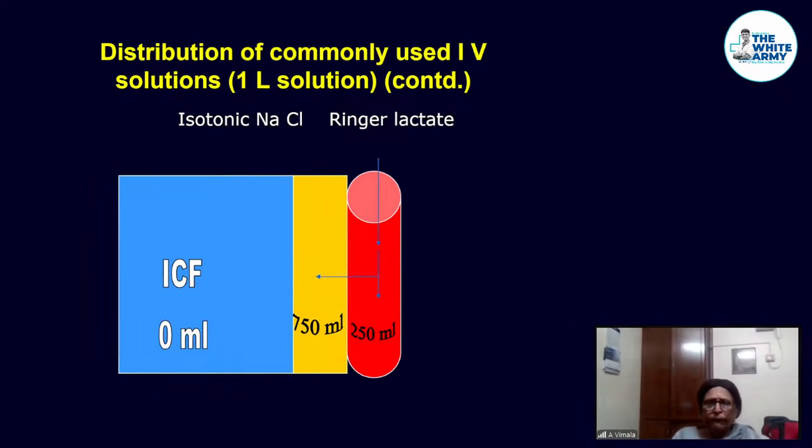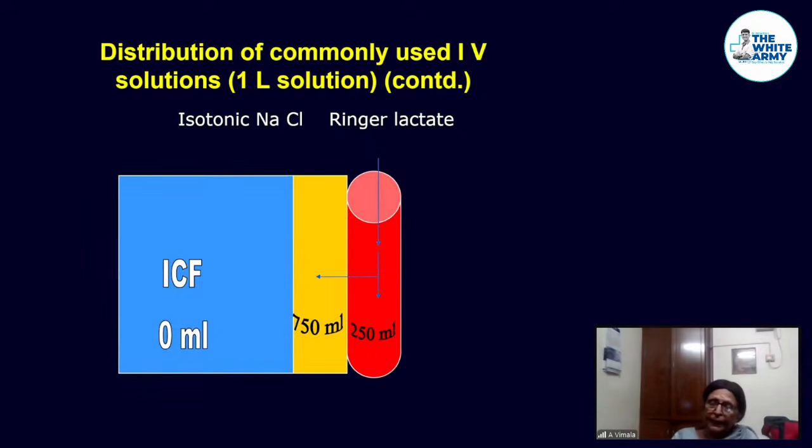So this is the distribution of normal saline and Ringer lactate. We said that sodium is not entering the cell. So whatever fluid we are giving is going to stay only in the extracellular compartment. That is, if you give 1 liter of normal saline, 3/4 will go to the interstitium, and only 1/4 will stay in the vascular compartment.